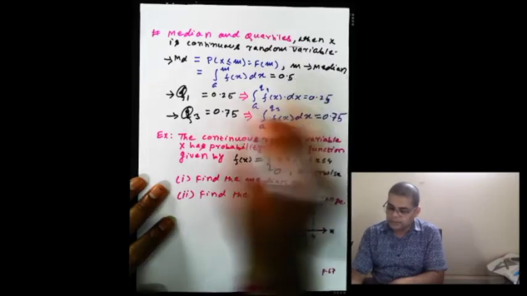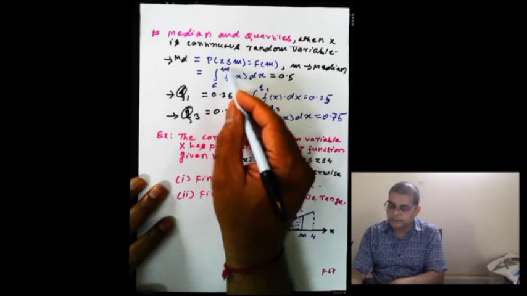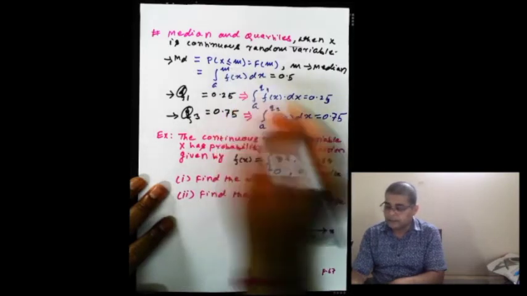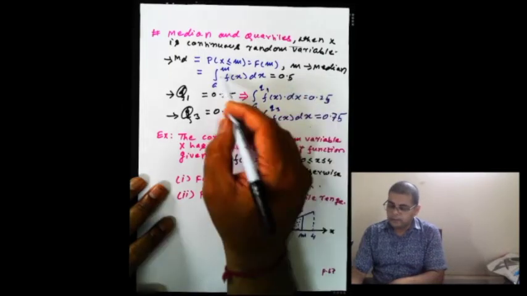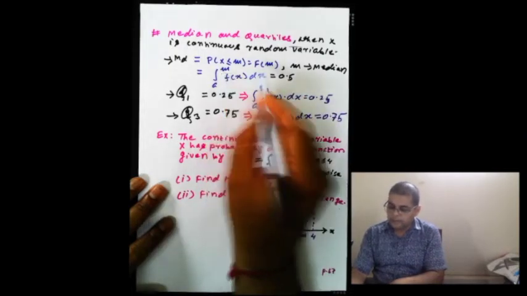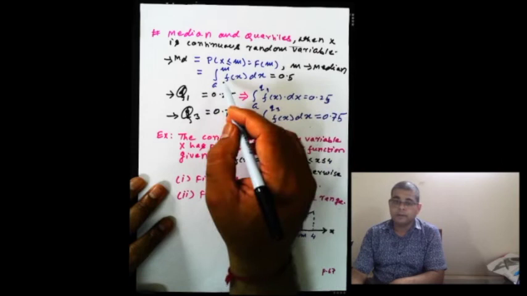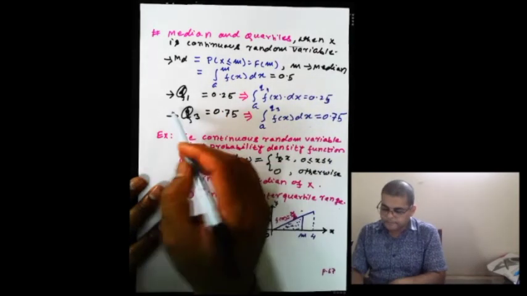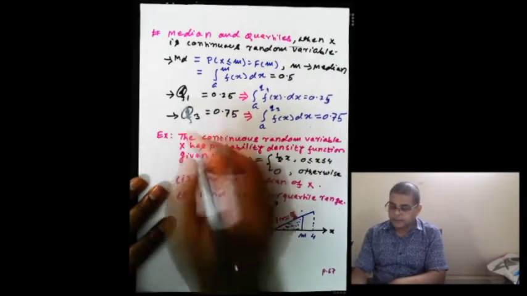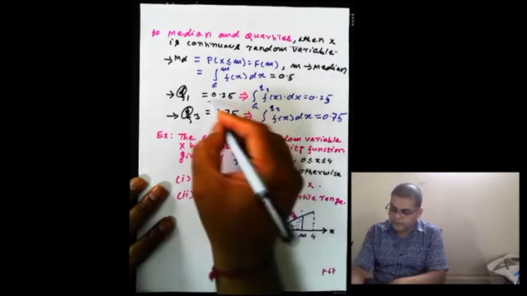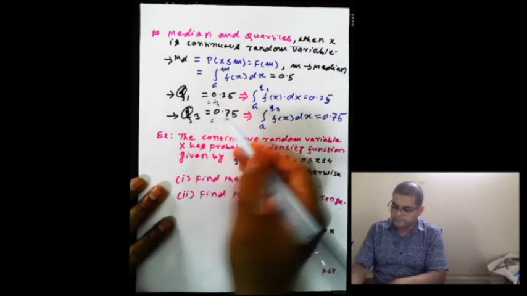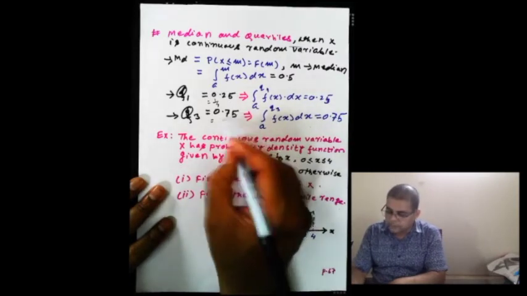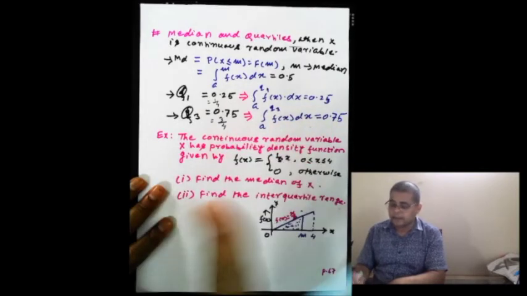So when you integrate the function from a to m, you can say this is the median point, then f(x) dx, if you equate that to 0.5, then the value of m you obtain by this method will be the median value for that function. Similarly, the first quartile takes 25% of the value, which you can also write as 1 by 4, and the third quartile will take 75% of the value, which you can also write as 3 by 4 of the whole data.